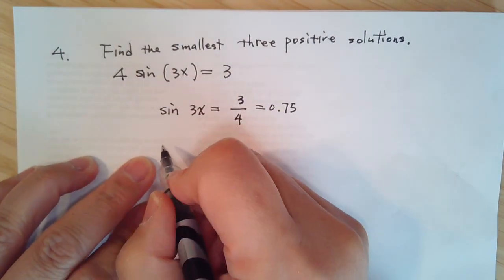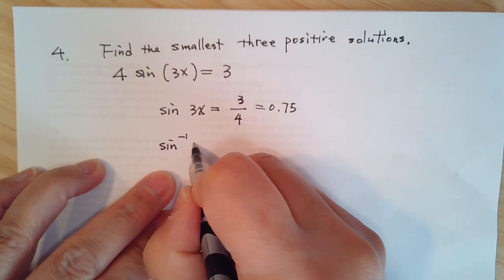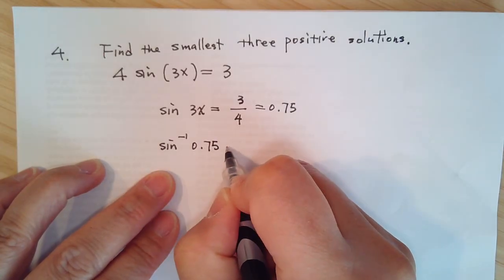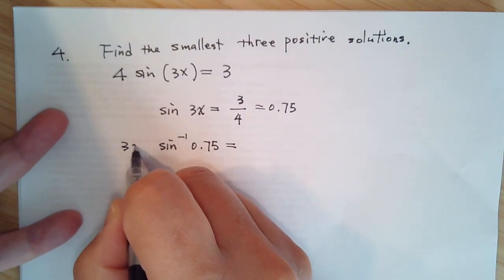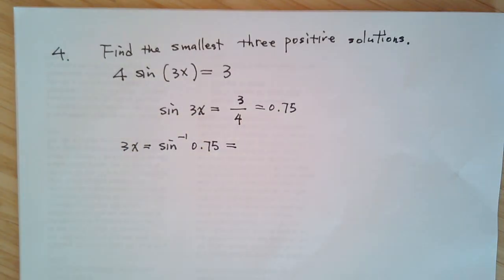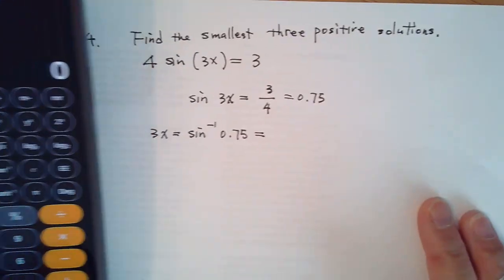All right, now let's take the sine inverse. Sine inverse 0.75 equals, let's see, that's your 3x, right? The smallest one. Hold on. Okay.